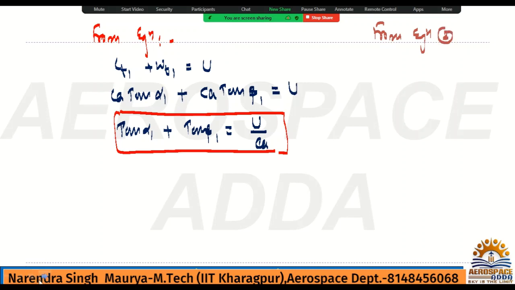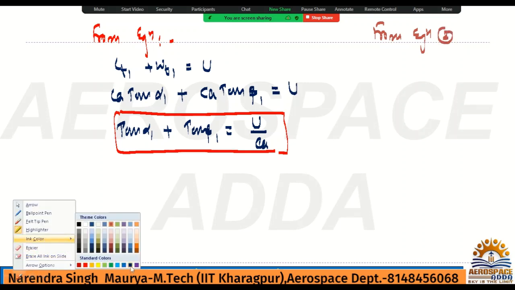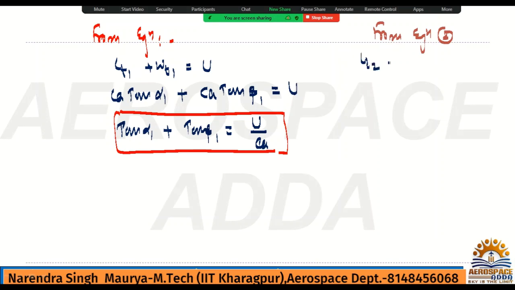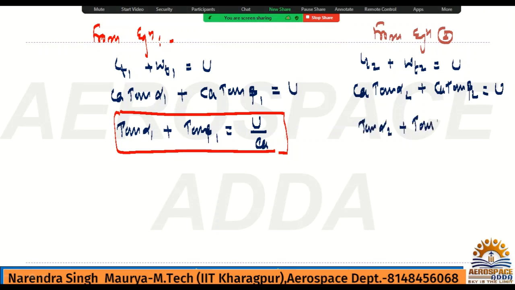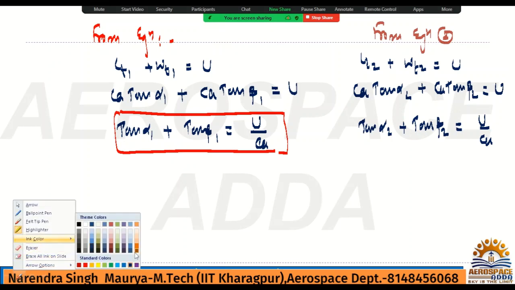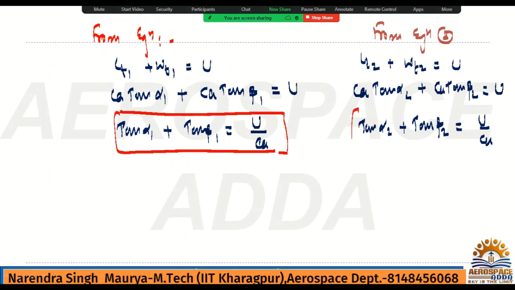From equation 2, what is the equation 2? Check the equation 2, CT2 plus WT2 is equal to U. What is CT2? It is CA tan alpha 2 plus CA tan beta 2 is equal to U. Tan alpha 2 plus tan beta 2 is equal to U by CA. This result is also very important.